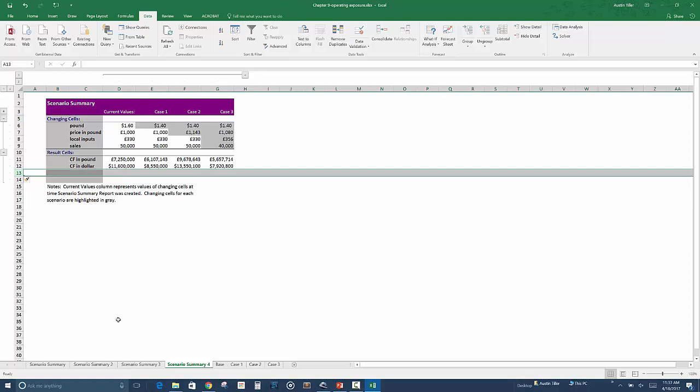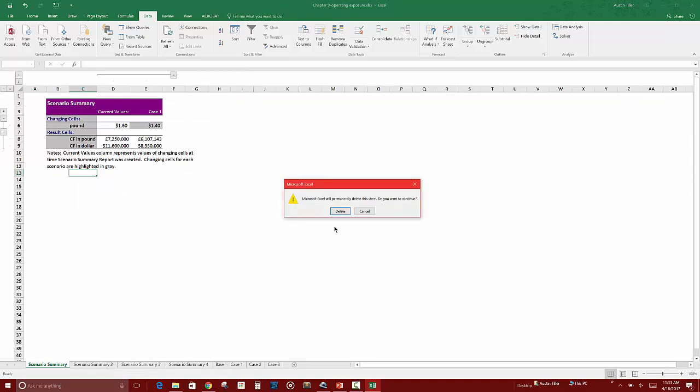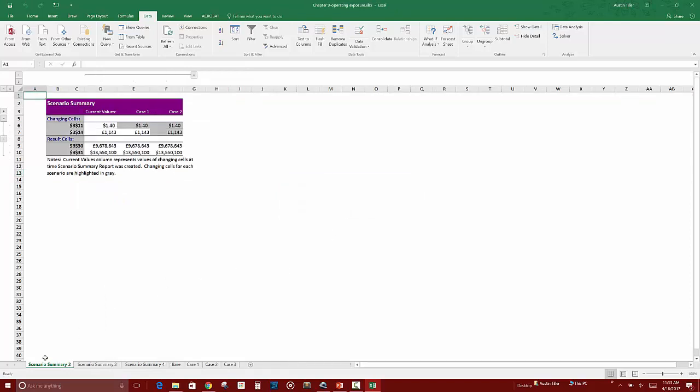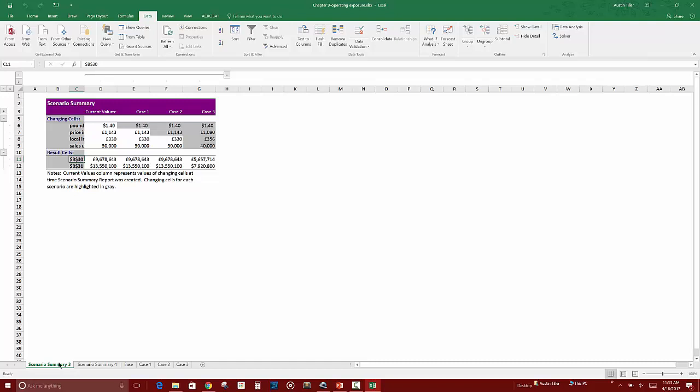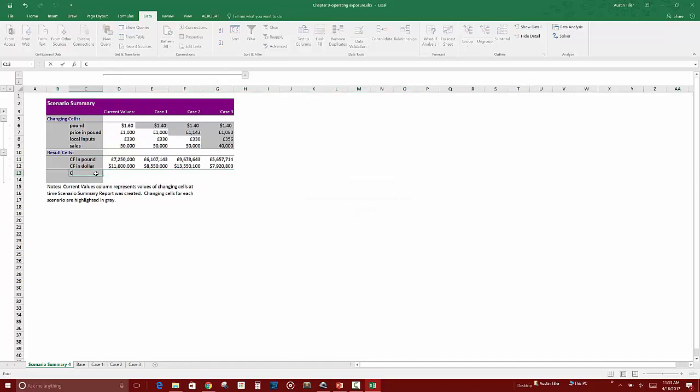So I will take for case 1 equal to case 1's cash flow in dollars, E12, minus B12, the base case cash flow in dollar. So I want to fix B12. I can just drag the cells to copy those functions.